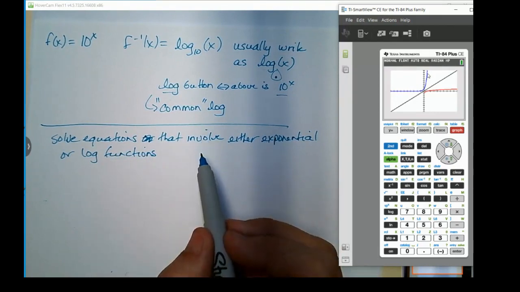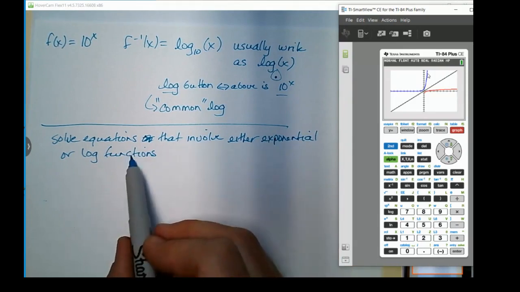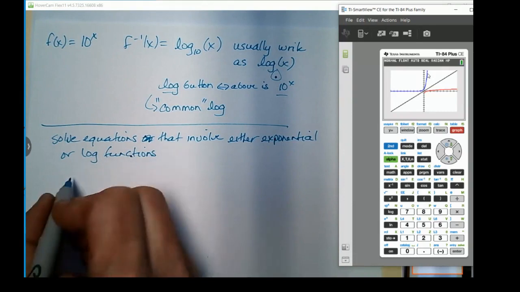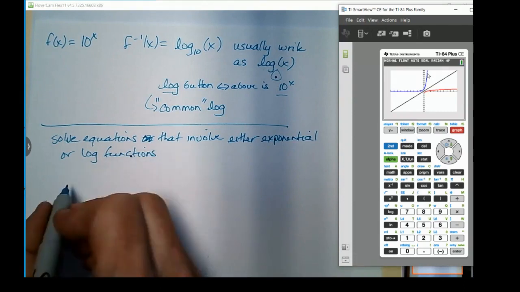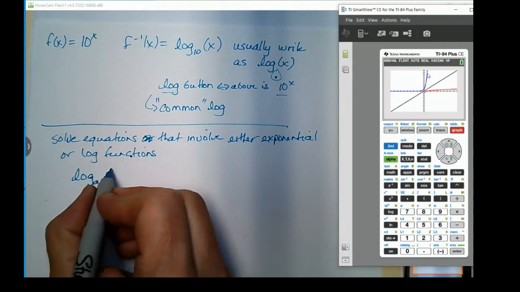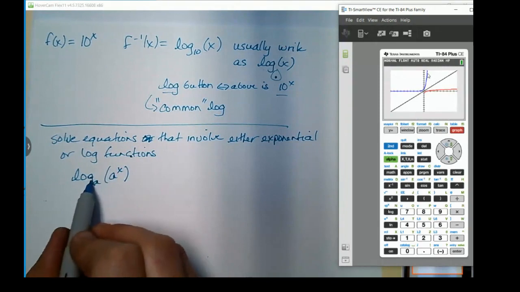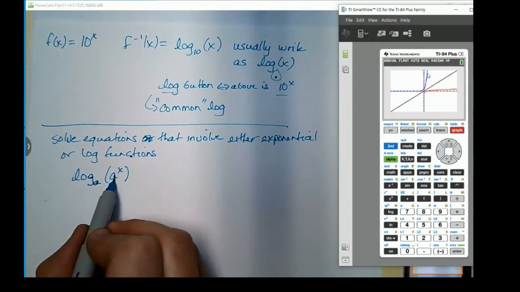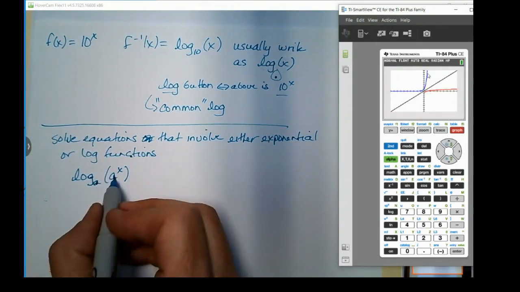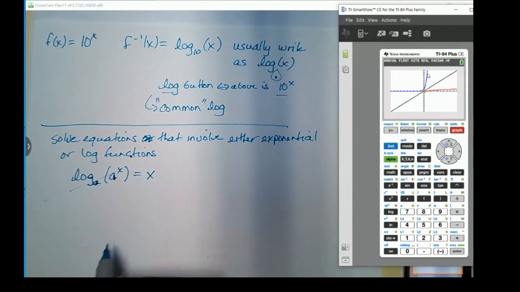So one thing that we can do is simplify expressions that have both of these two things in them. There are two properties that we can talk about, and this just comes from these things being inverses of each other. We did some problems like this where we had a log function and an exponential function with matching bases. These two cancel each other out, so we just get x.